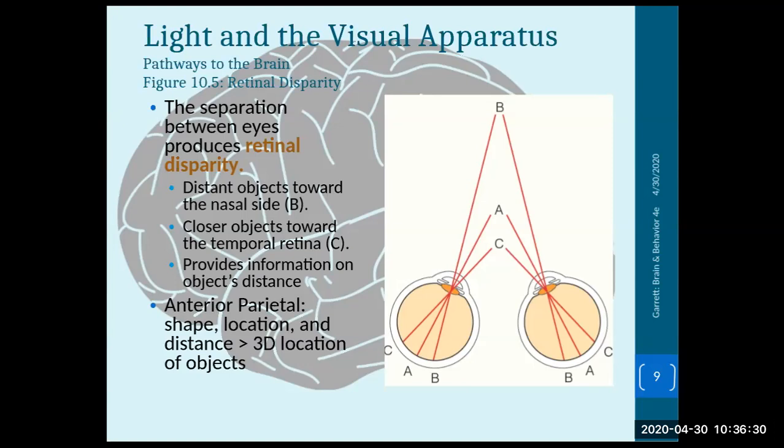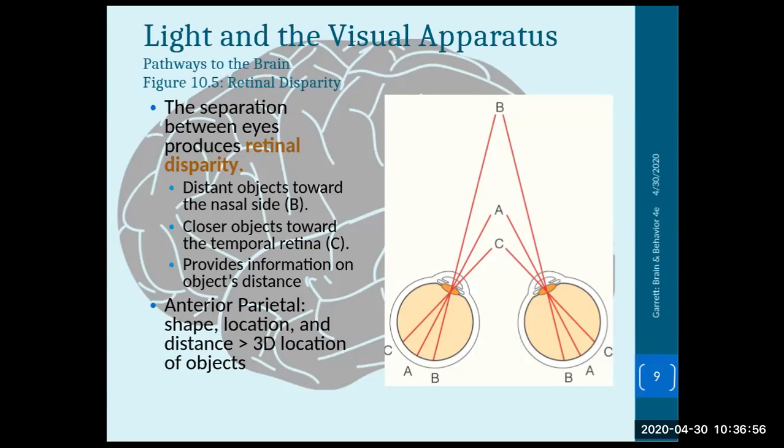And things that are right in the middle are going to be right in the center of the retina. So farther away is projected into a different spot in the retina. Closer is in more of the nasal, outside temporal, lateral side, whereas B would be more on the inner nasal side or medial side. And A is right in the middle between them.